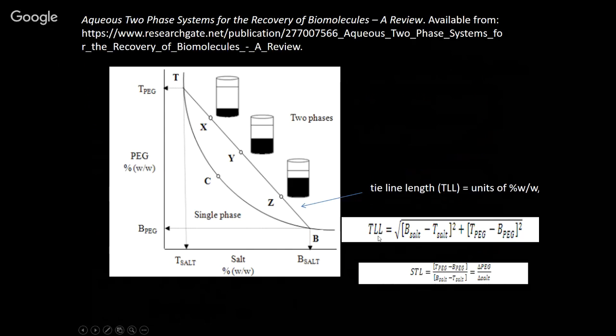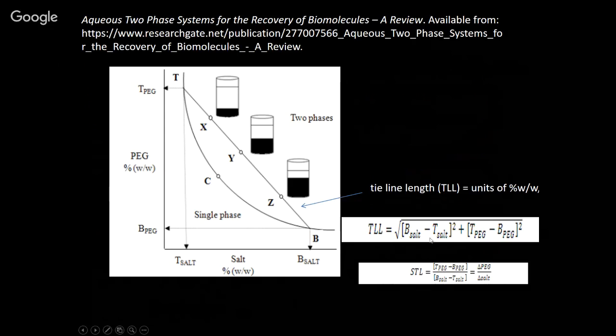The tie line has a slope and it has a length. The length is given by this relationship: the square root of (B salt minus T salt) squared plus (T PEG minus B PEG) squared.